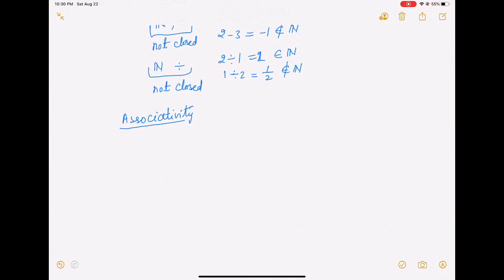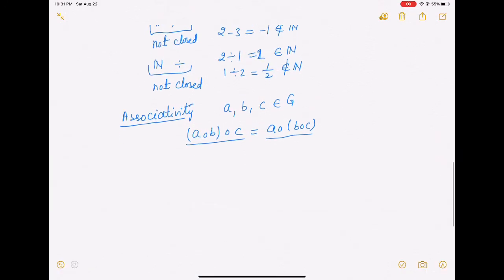For this we need 3 elements, A, B, C belonging to G. If (A operation B) operation C is the same as A operation (B operation C), that means if we change the order of operation, here A and B are operated first and then we operate C. Here B and C are operated first, then we operate A. So if the grouping during the operation is changed, the result remains the same. So this property is called the associative property.